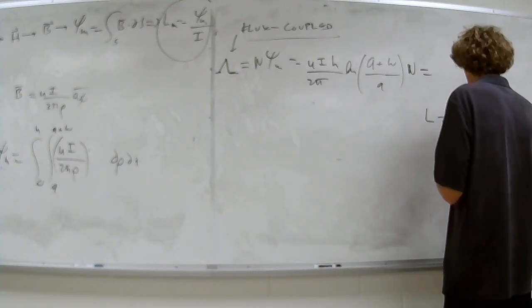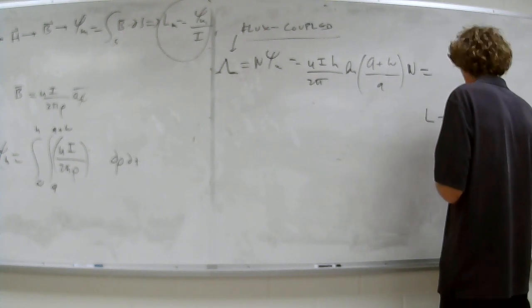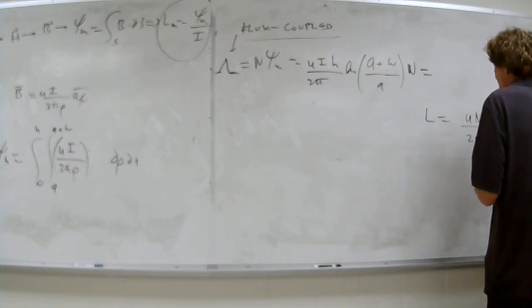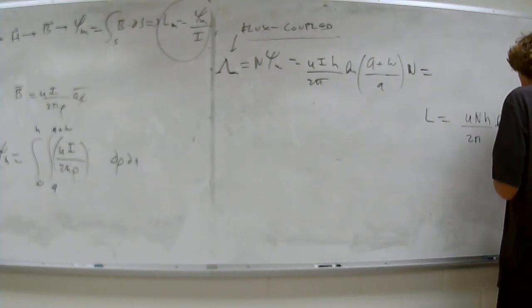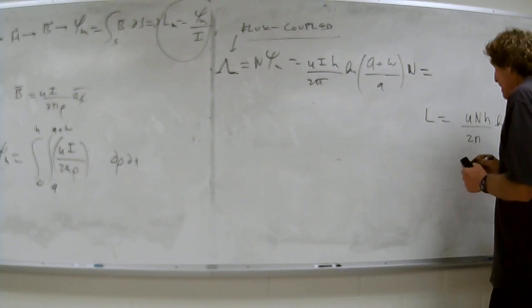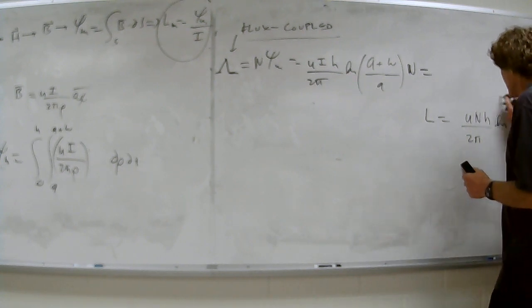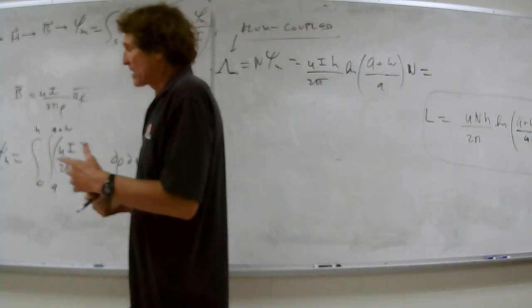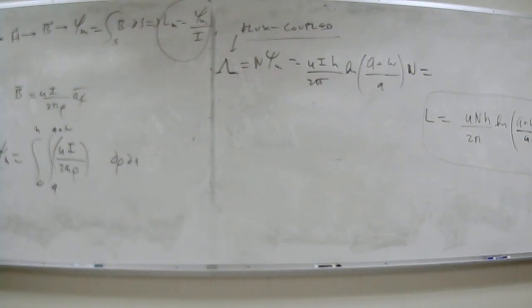So the current goes away and I have mu times number of turns times h over 2 pi times natural log of A plus W over A. And that's called the self-inductance of a single turn, of an N-turn coil. And that's used all the time. You with me with that, class?